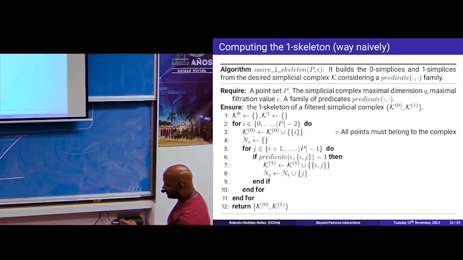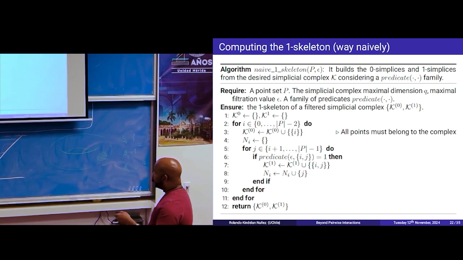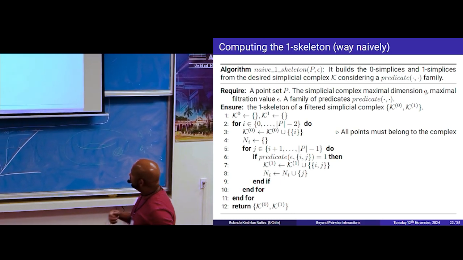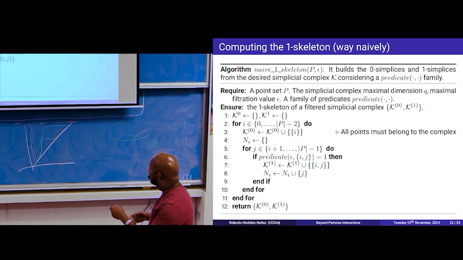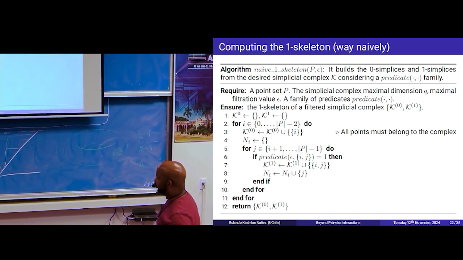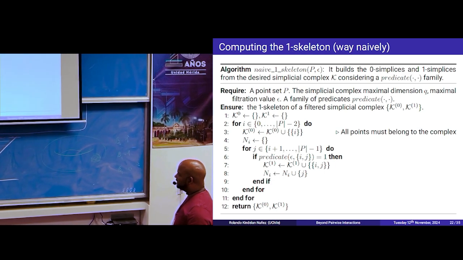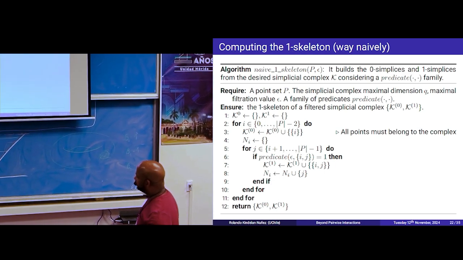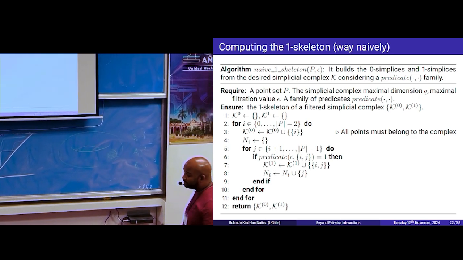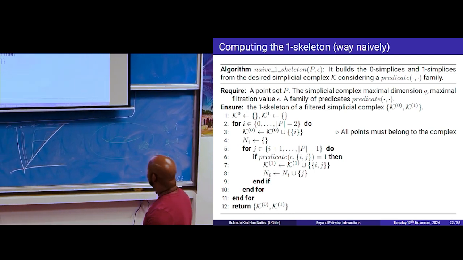So we chose here an adjacency list, meaning that we collect all those vertices that are connected with the vertex that we are considering. At the end, we will get the one skeleton, the collection of 0 simplices and the collection of 1 simplices, but also per vertex, we will have the neighborhood of that vertex.